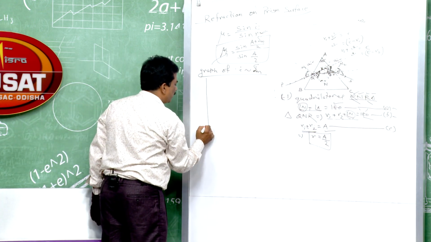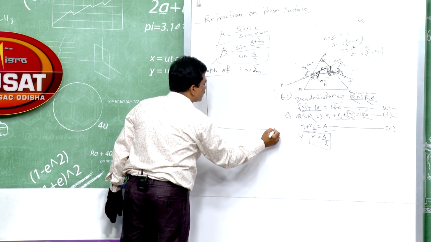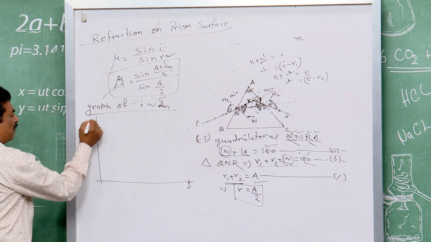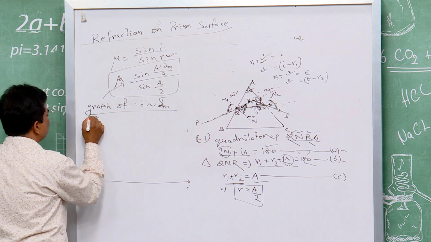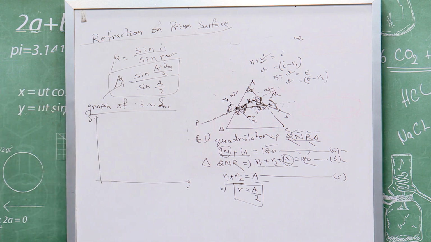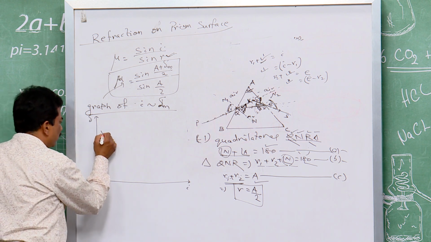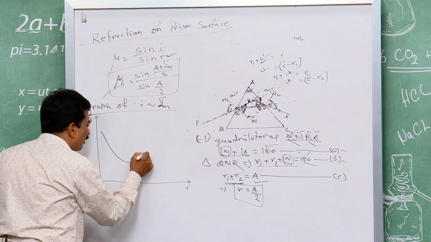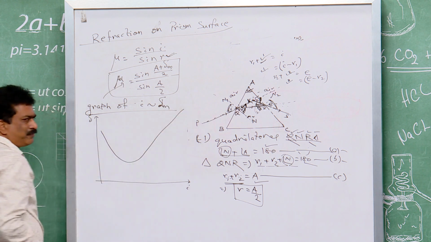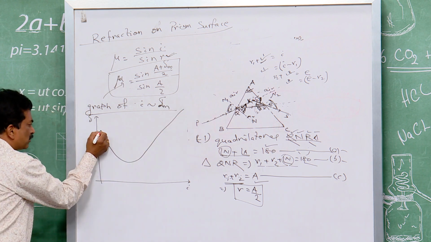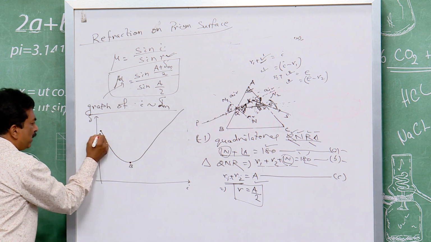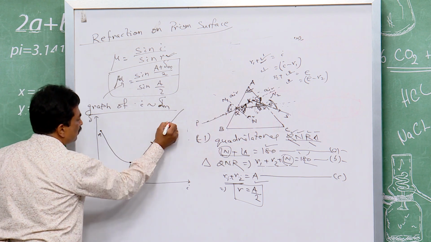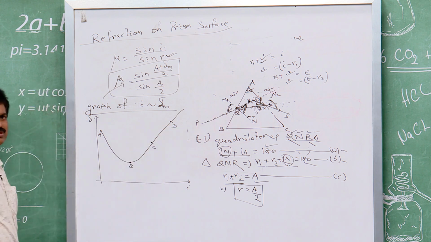Suppose this is the angle of deviation, this is the incidence angle. As we know from the practical, the graphical form will be likewise. Suppose this is the point A, I am taking this as point B, suppose this point is C and this point is D.